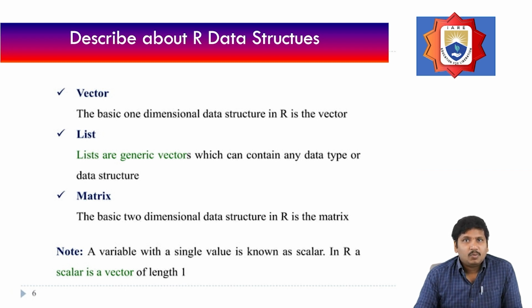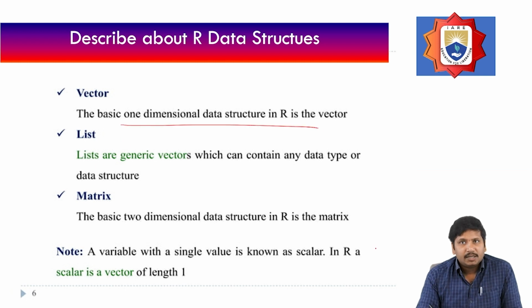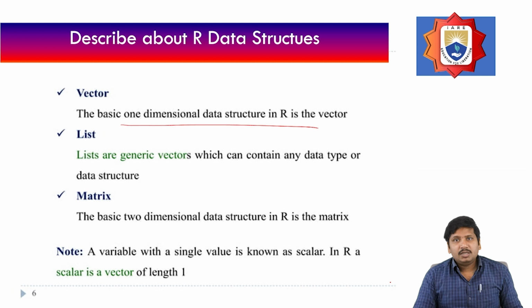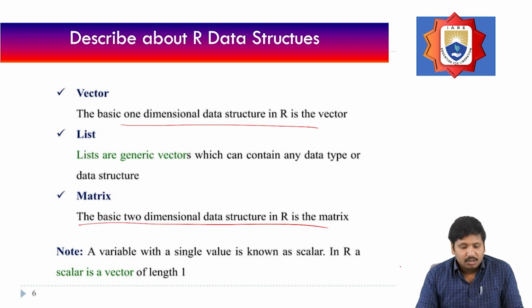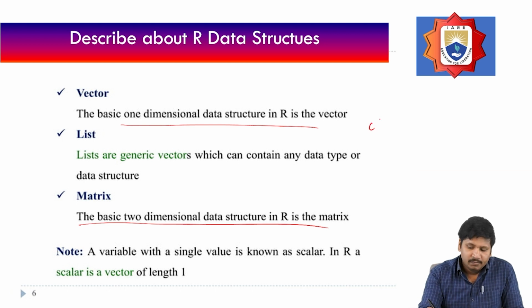A vector is one of the basic one-dimensional data structures in R, and a list is a generic vector that can contain any data type or any data structure. A matrix is a two-dimensional data structure in R. A vector is created using the c function, and a list is also a generic vector which can contain any data type or data structure.